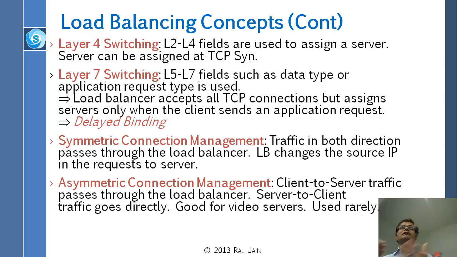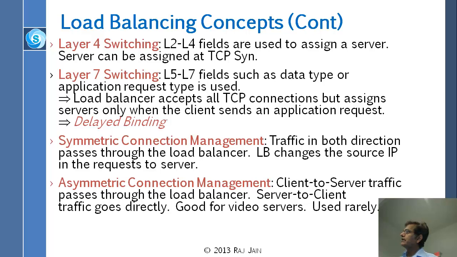You cannot just look at the TCP port number. Generally, they will all be connecting to youtube.com and port number 80. Now you have to look inside to figure out whether it is a video request or a directory search. So you look inside the layer 7 header or layer 7 data, and that is layer 7 switching.